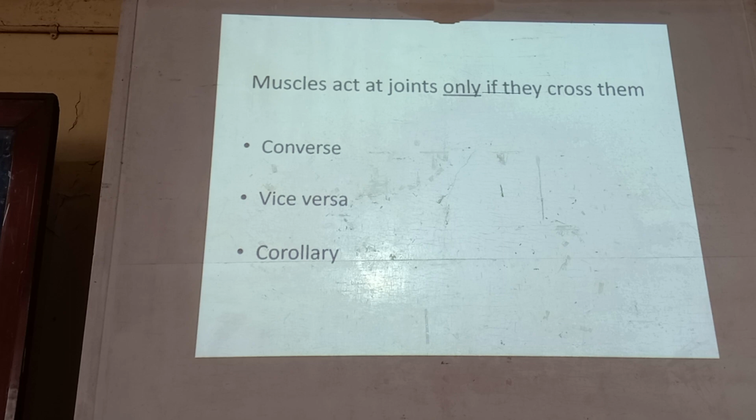This is called corollary. Is this statement correct? Is it a correct corollary or a wrong corollary? Is this statement correct or wrong? Meaning, is it logical or illogical? It is a correct logic. If the dogs don't love each other, they can't stay with each other.